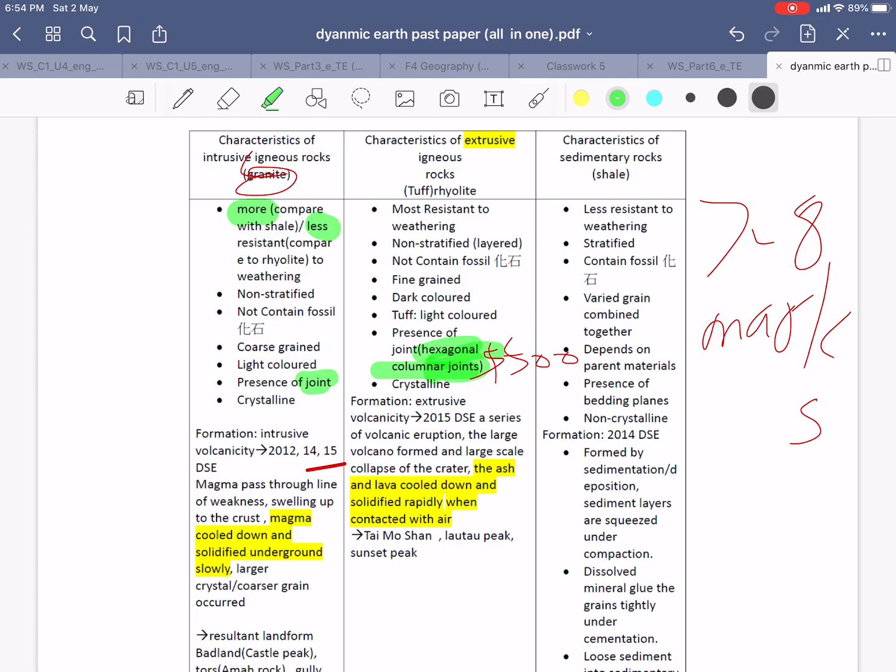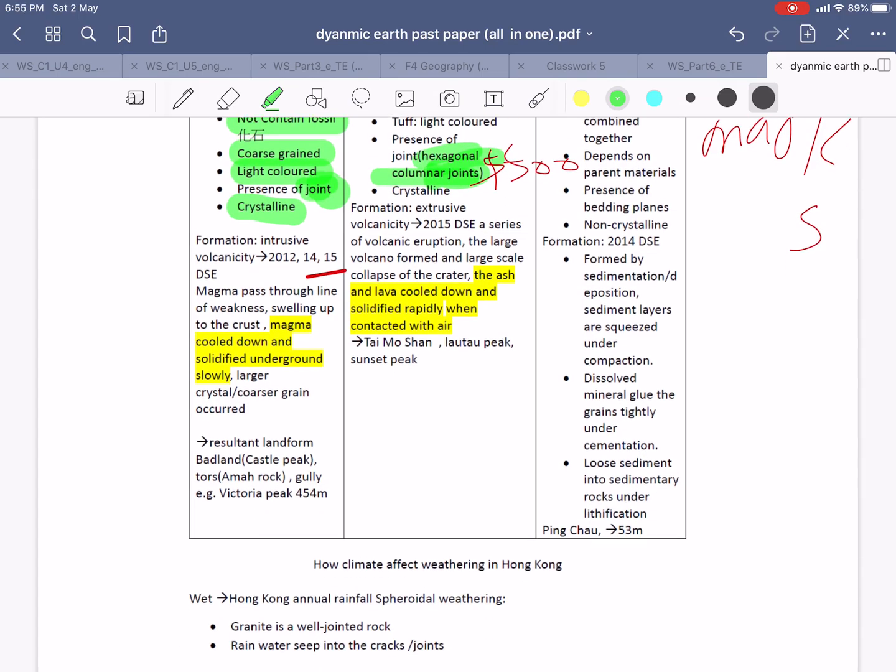What I'm going to say is, there is low stratification and it contains no fossil. Okay, coarse-grained, light-colored, and presence of joints and crystalline texture. This is the main characteristic of granite, and you have to memorize it because some of the questions will ask you for 3 or 4 marks about the characteristics of granite, or phyllite, or tuff, or shale, whatever.